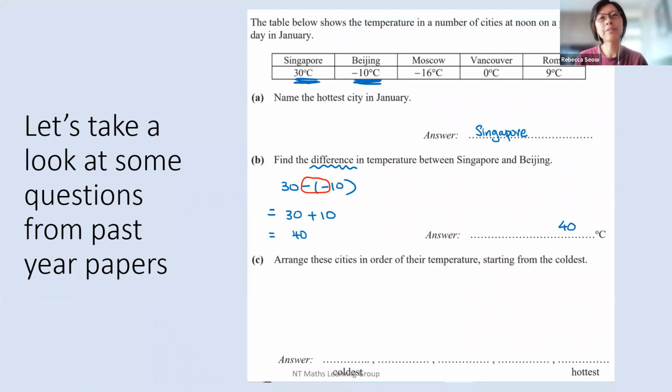Next, we arrange these cities in order of their temperature, starting from the coldest. So coldest means that the number is the smallest. Look out for the negative sign. Moscow. Moscow is the coldest.